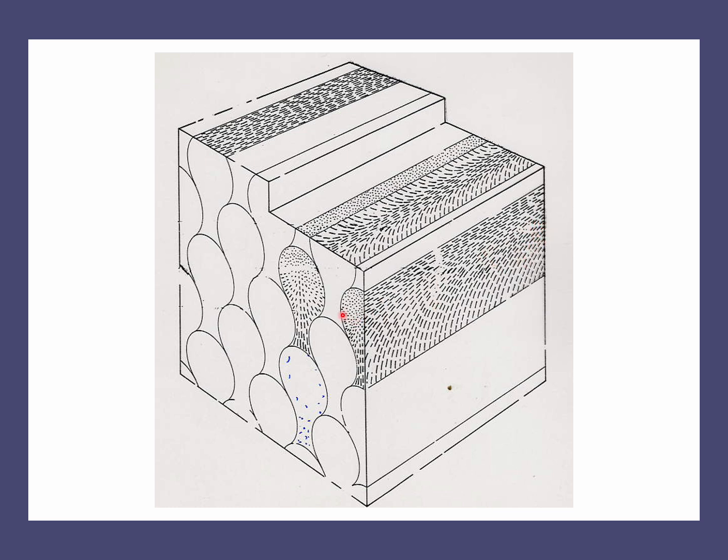As you can see in this image, the crystals are with the long axis of the rods in the core of the head, but in the tail they start to deviate, and also at the periphery or at the edges of the head the crystals start to deviate.